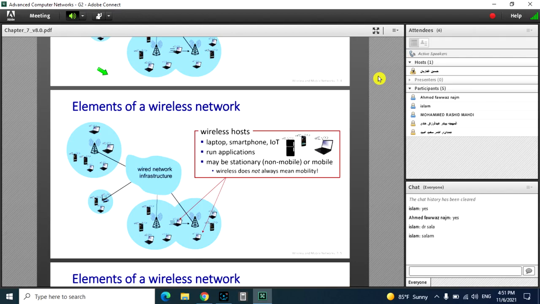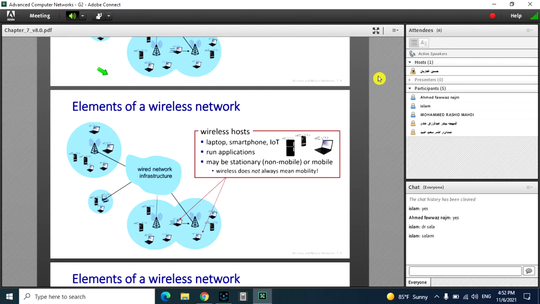and maybe this host is stationary and maybe it's mobile. Please be clear, when we talk about a wireless host, it doesn't mean that my wireless host is a mobile host. There's a big difference between them.